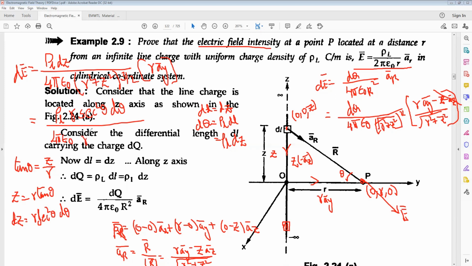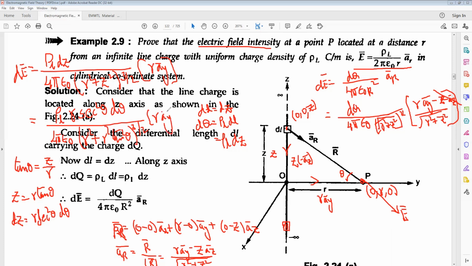Now substitute z is equal to r tan theta, so z square is r square tan square theta, whole power 3 by 2, into r, because it is in the ay direction.